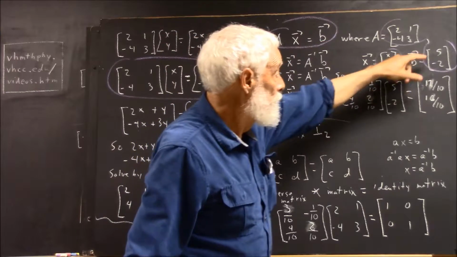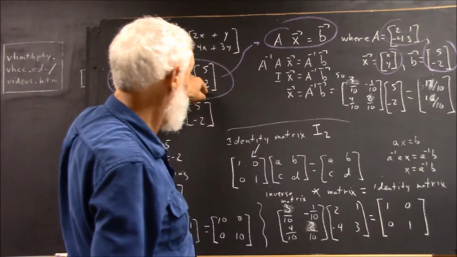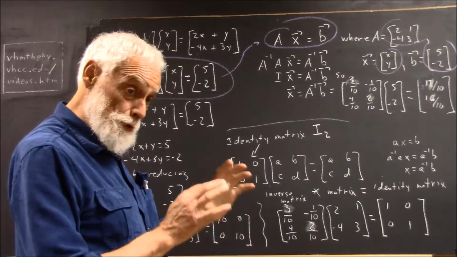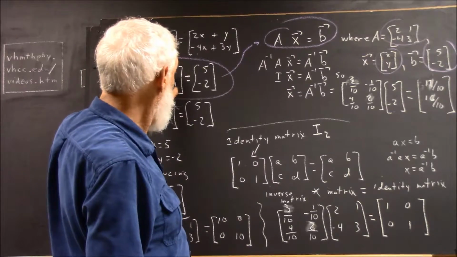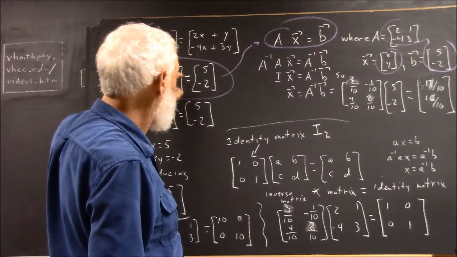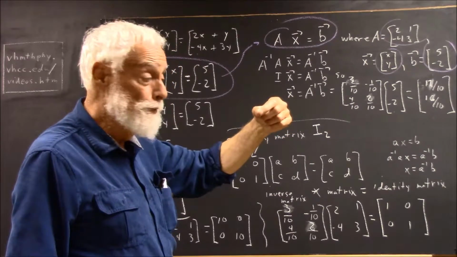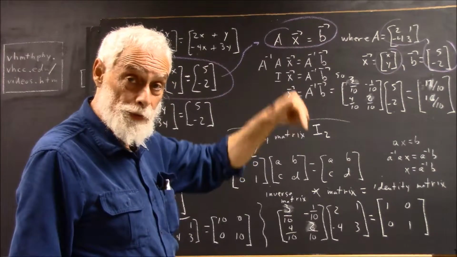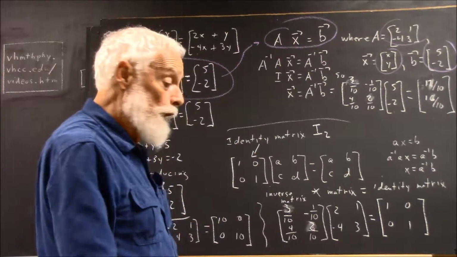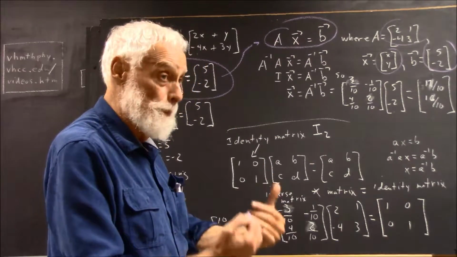And B is this column vector, which is here. So make sure you see this as AX equals B, where the X and the B both have arrows over the top of them to indicate that they don't stand for single numbers, they stand for vectors, for column vectors, for columns.